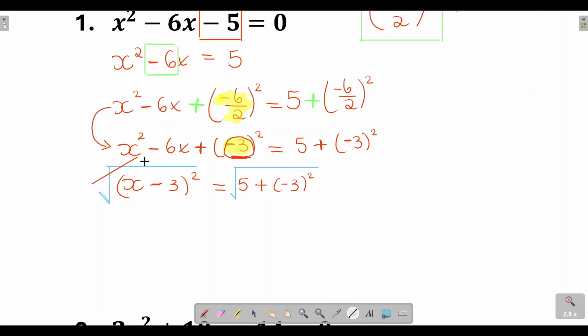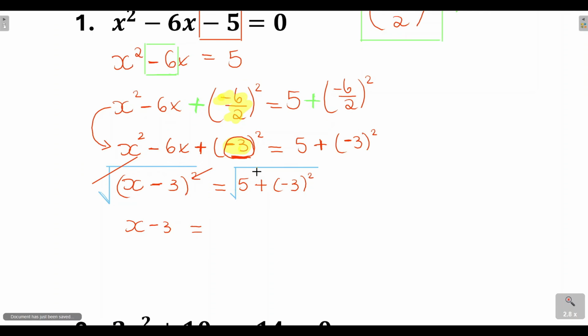Your square root cancels the 2, and you'll be left with x minus 3 is equal to, let's simplify what's under the square root. So it's 5 plus negative 3 all squared. Negative 3 all squared is equal to 9.